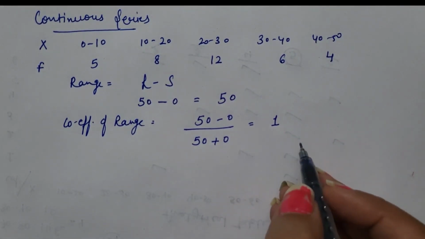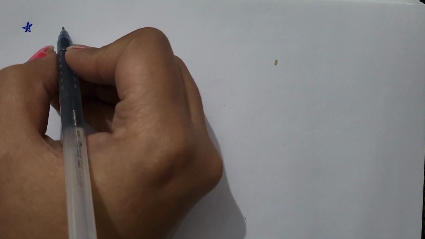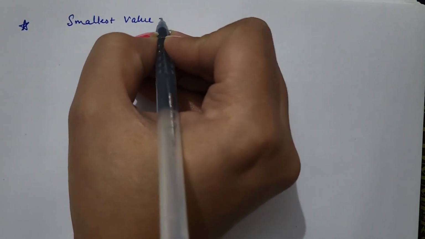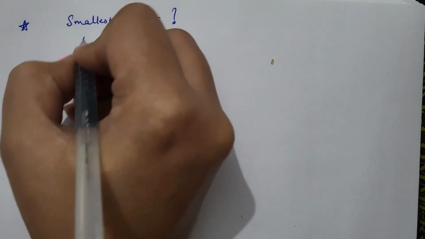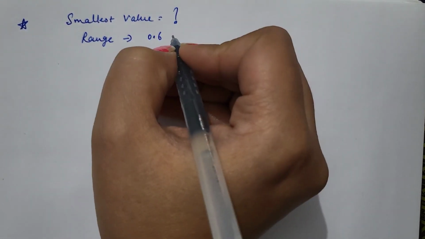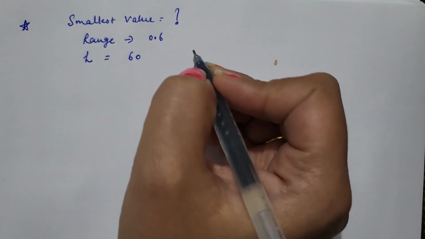So coefficient of range here is 1. One more example related to range. We need to calculate the smallest value where coefficient of range is given 0.6 and largest value is given 60.